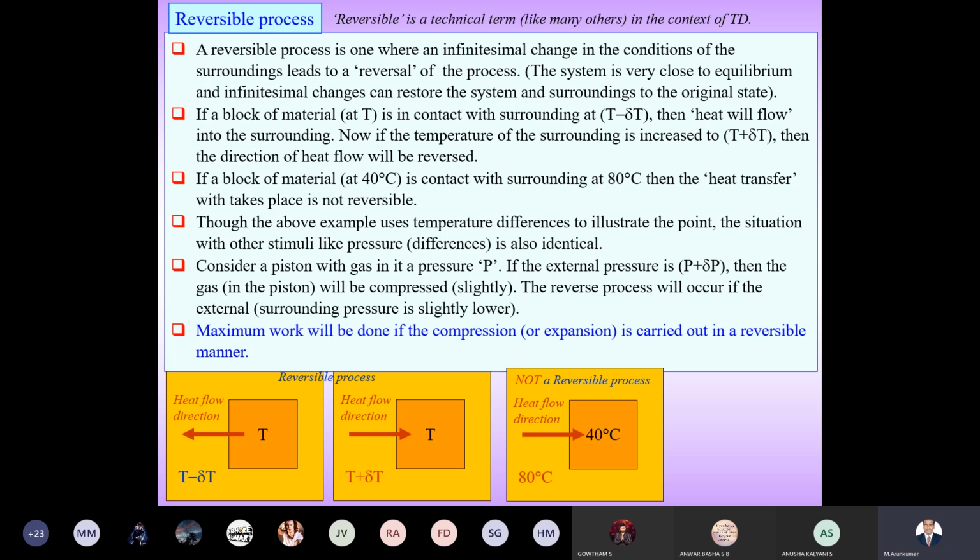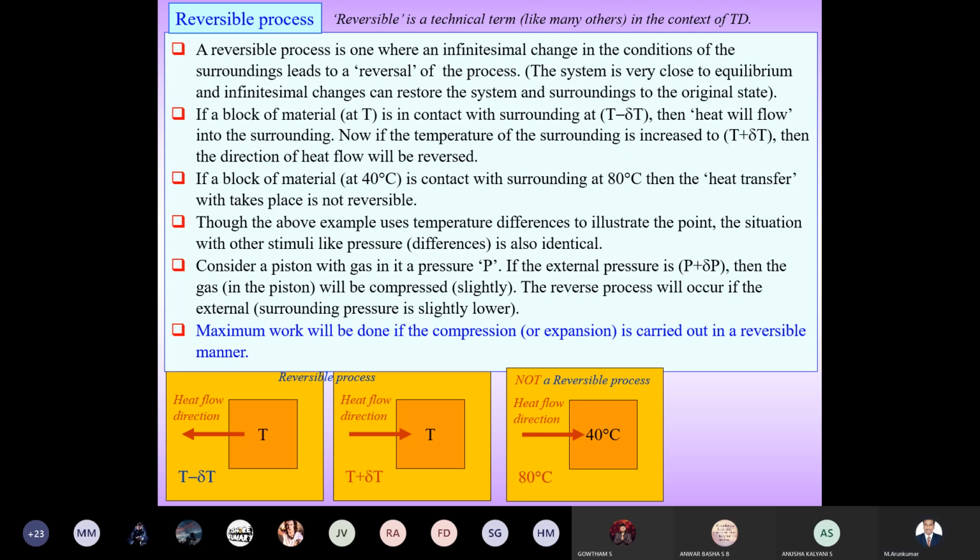So what is the reversible process? Can we look at that? A reversible process is one where an infinitesimal change in the conditions of the surroundings leads to a reversal of the process. Okay, so there is an infinitesimal change in the conditions of the surroundings, right?